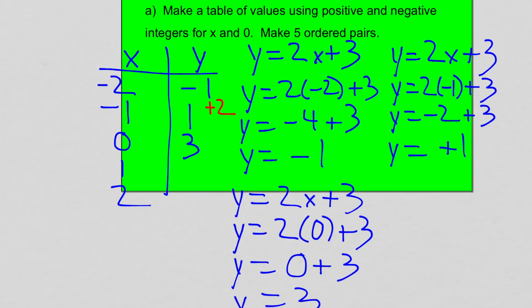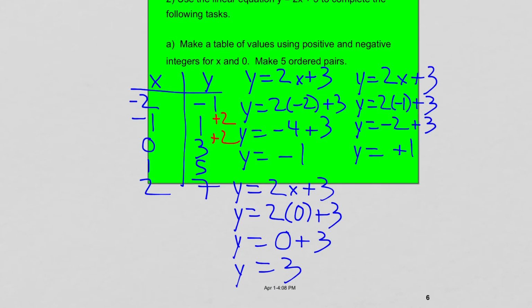And that increase of 2 happened again. So we can make a good hypothesis that when x is 1, y is 5, and when x is 2, y is 7. And there we have 5 ordered pairs for our graph.